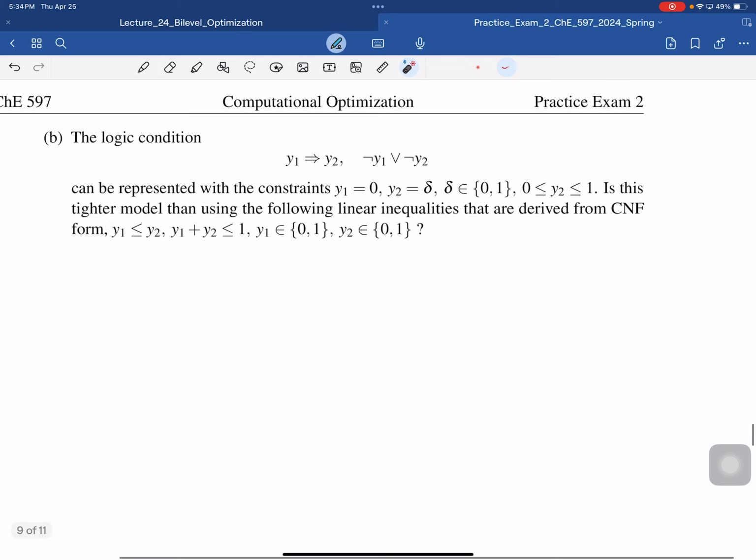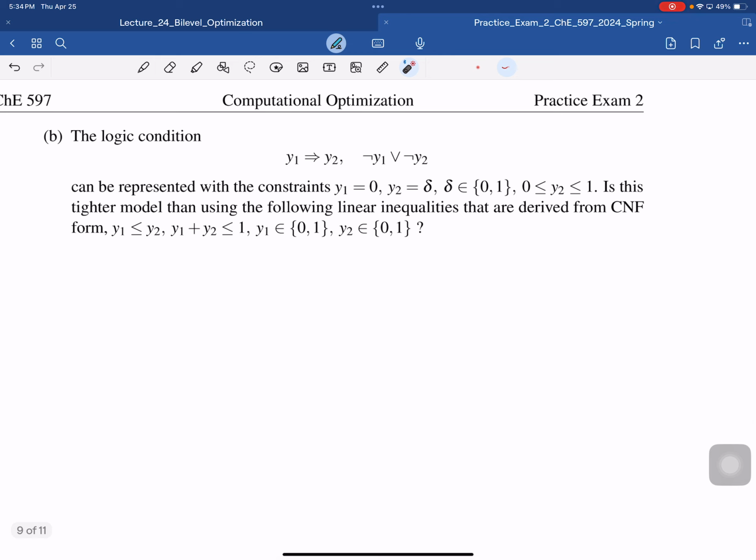Let's look at this problem here. Let's first write out the linear programming relaxation of formulation 1. It only has one integer variable, delta, which is a 0, 1 variable. In the linear programming relaxation, you just relax delta to be between 0 and 1.